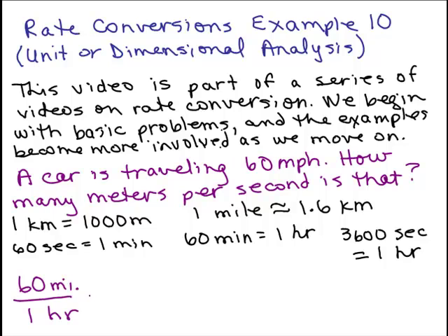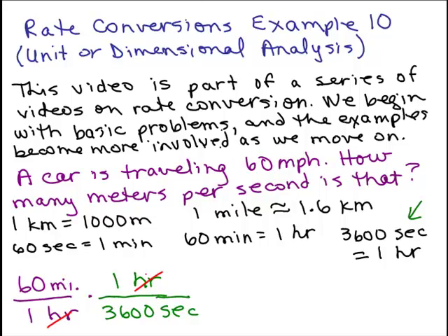All right, let's first get everything in seconds. We know that in 1 hour there's 3,600 seconds. So we want the hours to cancel, so I will have 1 hour up here and 3,600 seconds. I've got my answer in per second so far because my hours cancel.